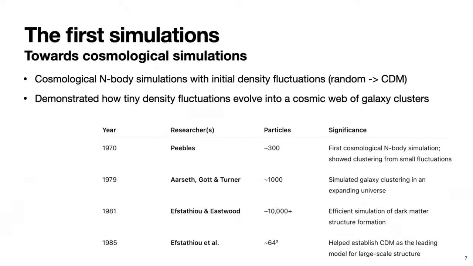And then in the 70s and 80s, people started to do cosmological simulations, again with more and more particles. I don't think we had the anisotropies from the cosmic microwave background yet, but people could kind of predict what they would look like before they were observed. So people were doing cosmological simulations and actually starting to establish a cold dark matter model.